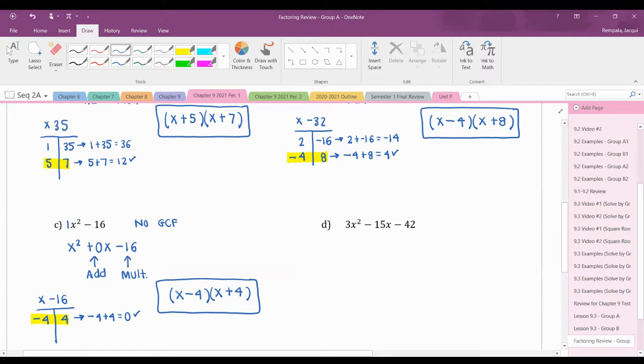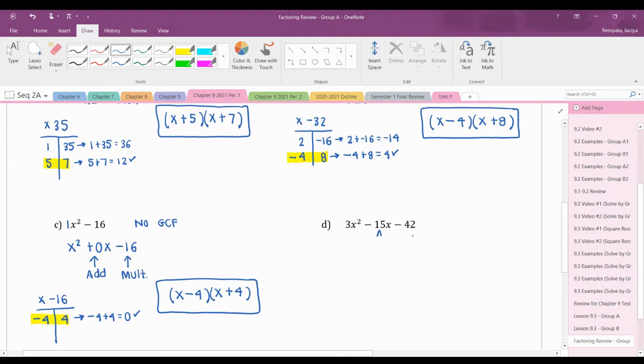If we look at this next example, we have 3x squared minus 15x minus 42. Notice that this time I see a number in front of the x squared. So because 3 is the smallest number, let's see if we can get a 3 out of everything.